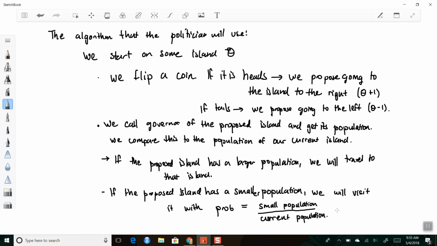Basically, we draw a random number from 0 to 1, and if that number is smaller than this ratio, we'll go to the little island, and if that number is bigger, we won't go to that island.